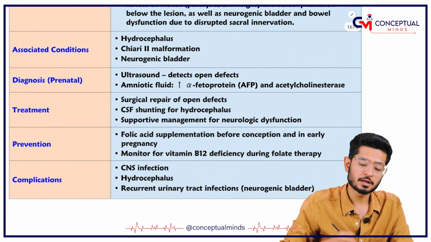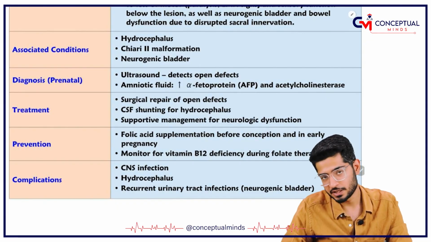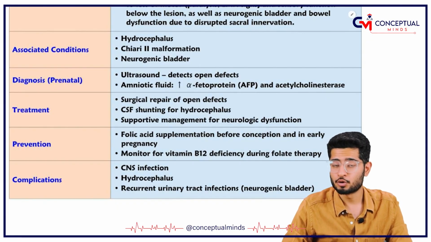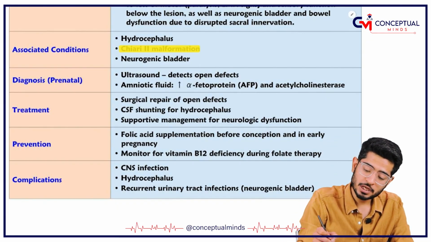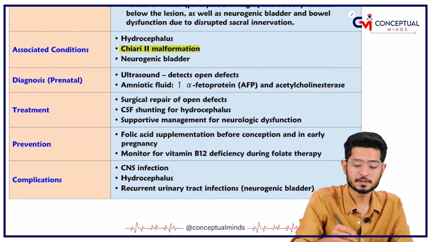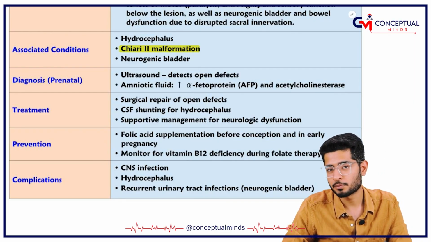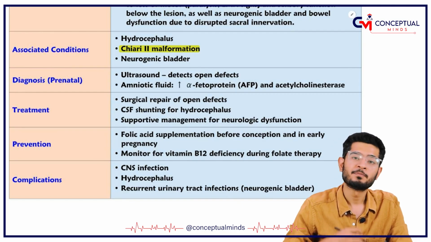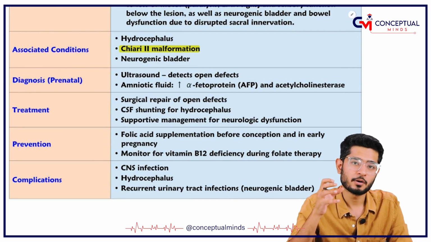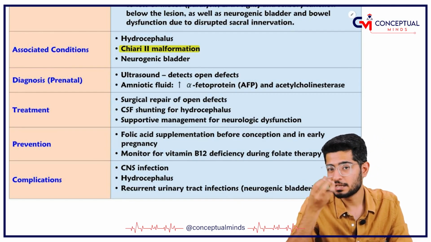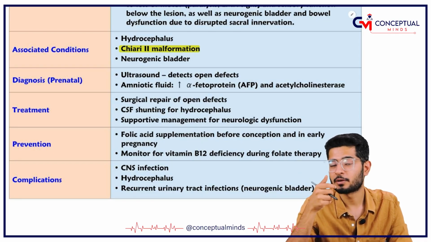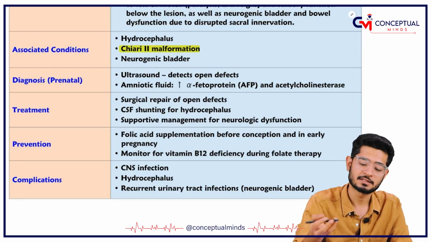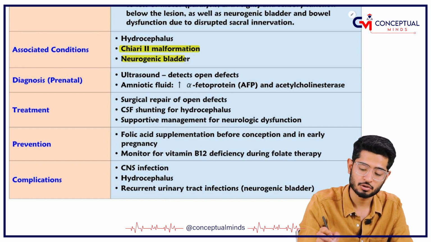What are the associated conditions with neural tube closure defects? There can be Chiari type 2 malformation as well, because if the neural tube is not formed properly, the brain is not formed properly, and there will be herniation of the cerebellar tonsils through the foramen magnum. There can be herniation of the brainstem, so Chiari malformation type 2, and neurogenic bladder.